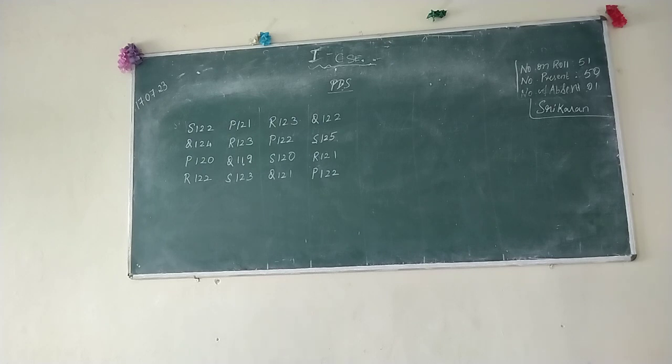So let's start the discussion. Everyone notice the question. What is the assumption you have made? H naught: there is no significant difference between columns, there is no significant difference between rows, and there is no significant difference between treatments.